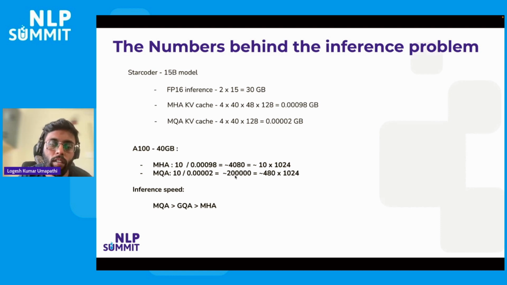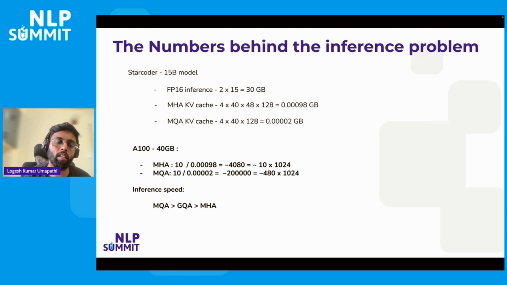So here it is closely like 200,000 tokens that we can fit in, and that gets into like a batch size of 480 of 1,024 tokens. So to have an optimum inference speed, MQA is better.